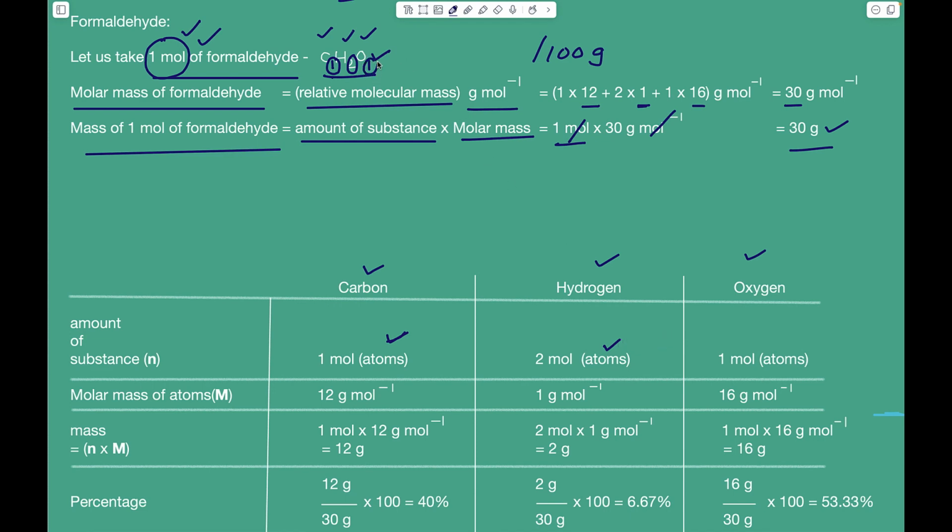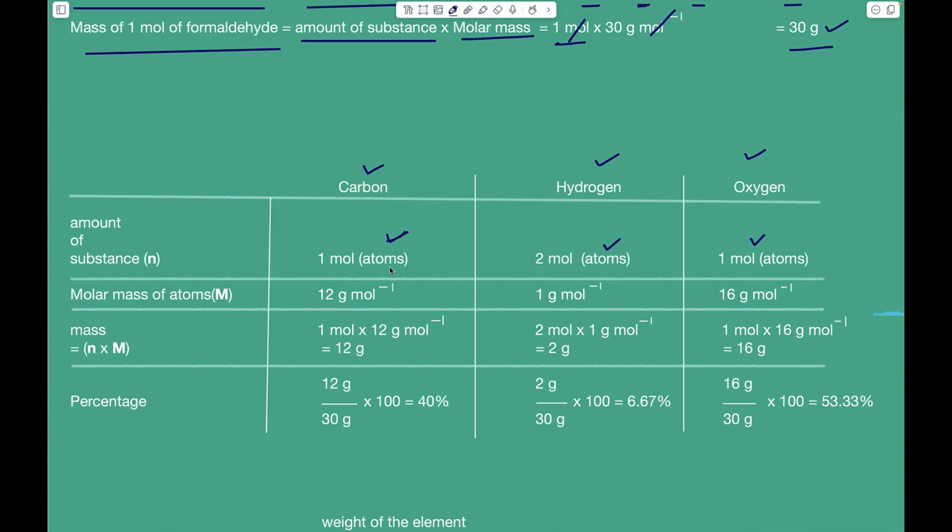And this 1 tells that in 1 mole of formaldehyde, there is 1 mole of oxygen atoms.